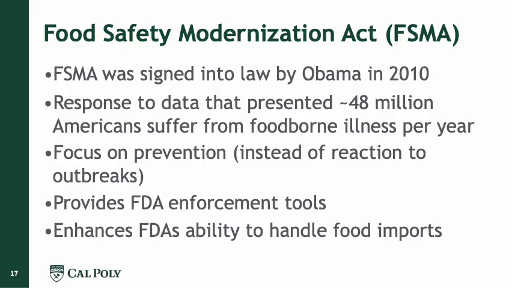And also it enhances the ability to handle food imports. So this Safety Modernization Act is related with how our produce is produced. For example, what type of water is used to irrigate, say, strawberries? Who handles our strawberries? How were they harvested?